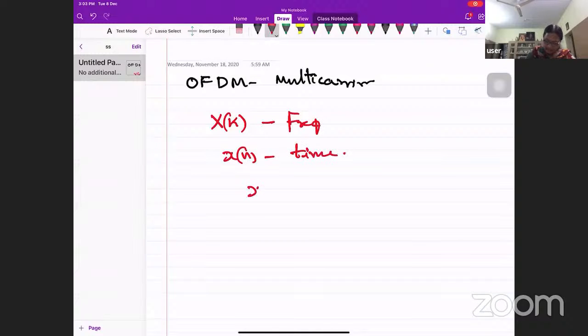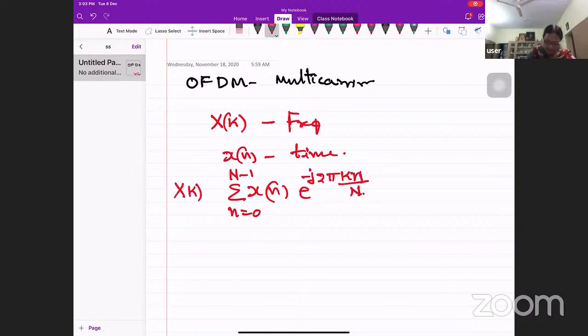If x of n is given to the OFDM block, we know very well that it is e power minus j 2 pi k n by capital N. This is the equation to compute your frequency domain equations.